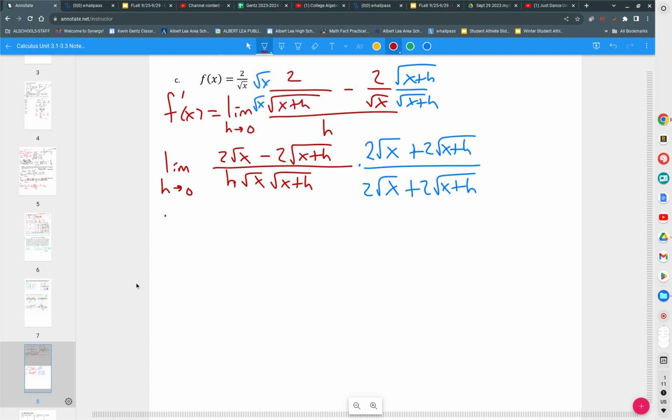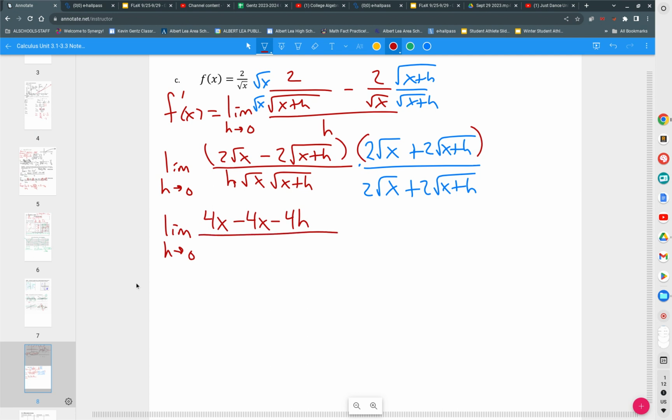And here we are. We have the limit as h goes to 0 of, what do you get when you FOIL that guy out? 4x, good. The middles disappear, right? What's going to be next? Yeah, so minus 4x minus 4h.